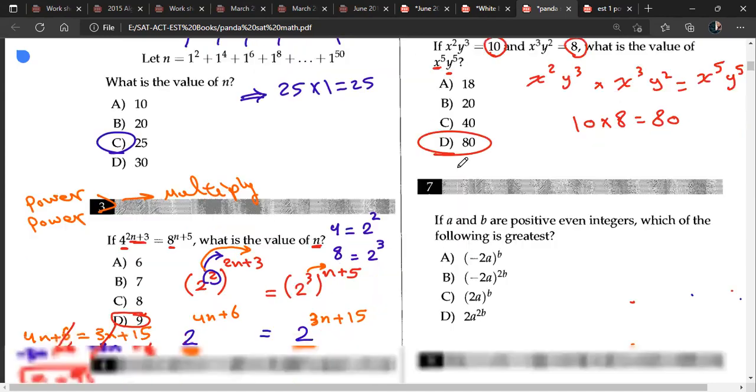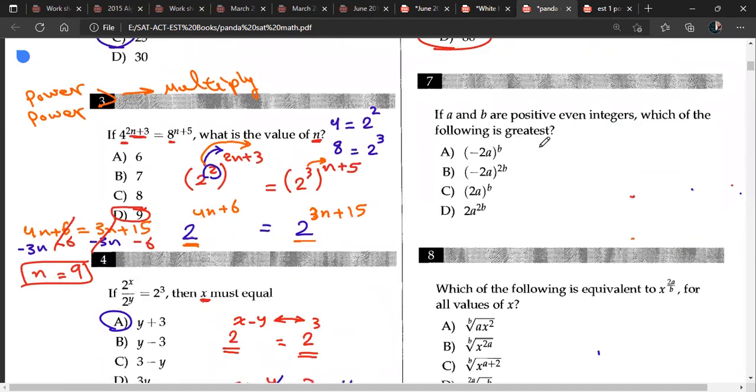Question number 7. If A and B are positive even integers, which of the following is greatest? First, he gave you the condition that A and B are positive even integers. So A is positive and B is positive.